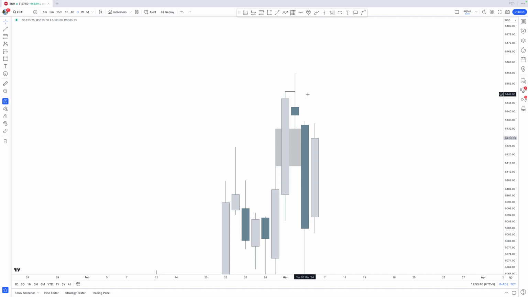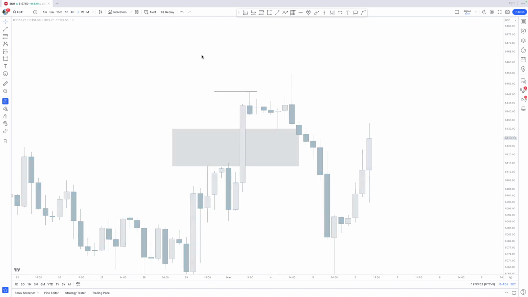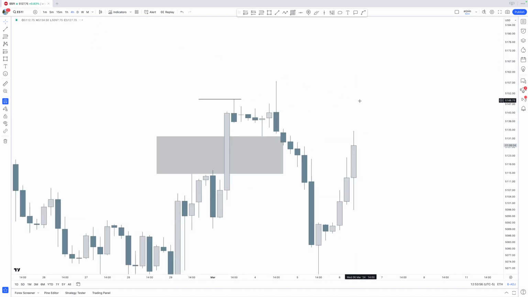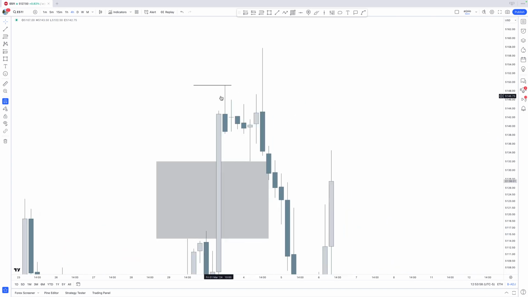How do we confirm that sweep? And how do we know that we want to continue lower actually, and continuing lower as in to then eventually potentially continue higher again off that daily fair value gap right there? Well, on daily we can wait for the daily candle close, but we can also go down one time frame, because on the 4 hour right here we see this 4 hour candle right there with a respect of, in this case, a swing high, which was also the previous day high, which is also the previous week high right there.